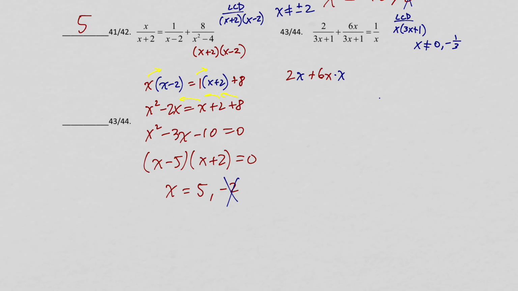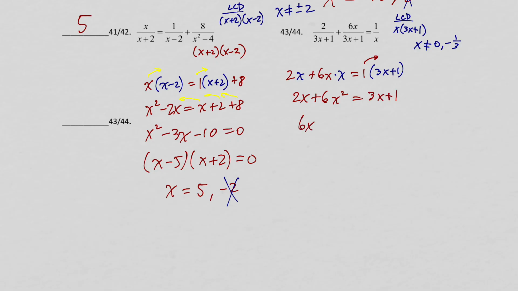And then I'll take the equals 1 in the numerator and I'll multiply that by what's missing from the denominator, which is 3x plus 1. So this is 2x plus 6x squared equals, and I'll distribute the 1 and get 3x plus 1.